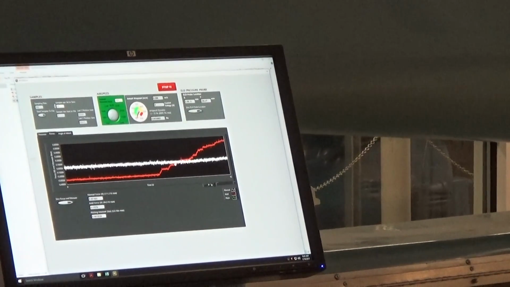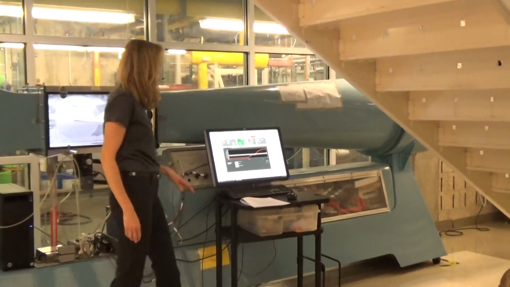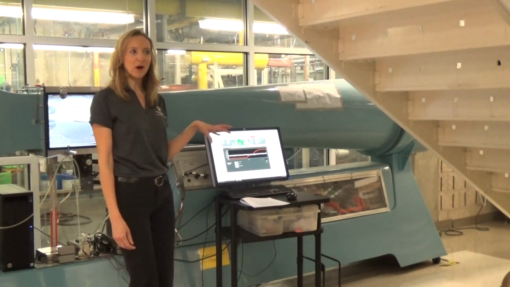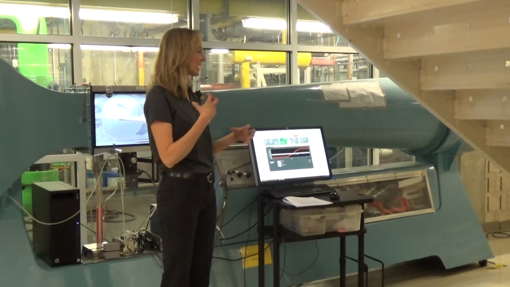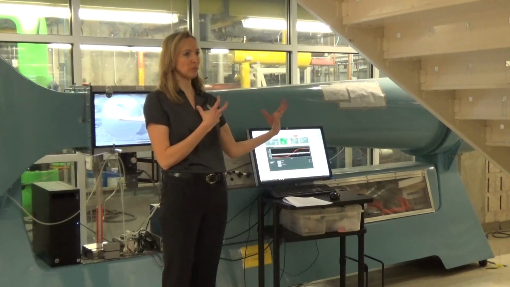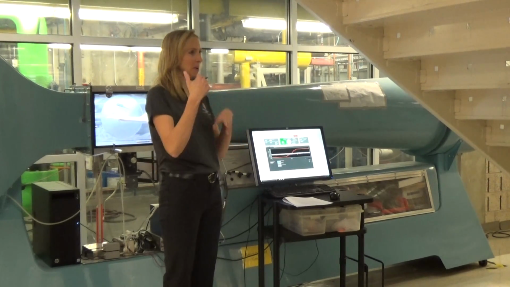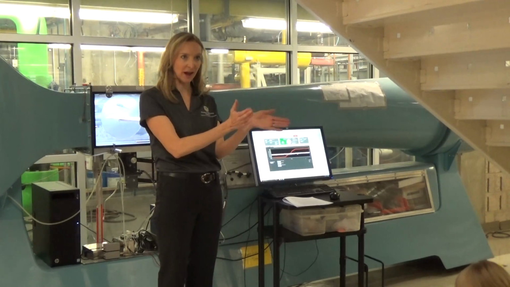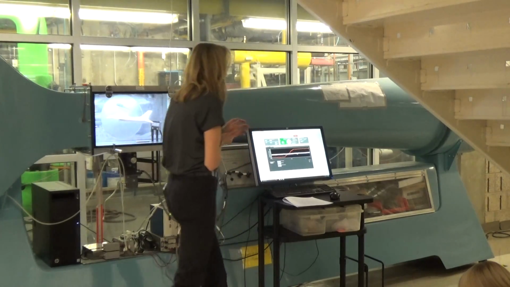So you'll need to take those offsets out when you do lift and drag, because that contribution measured on the balance is not part of your lift and drag measurement. You'll have to take what was the normal and axial after wind, minus with the wind off, and that difference is due to lift and drag. Make sense? Okay, so you'll do that.